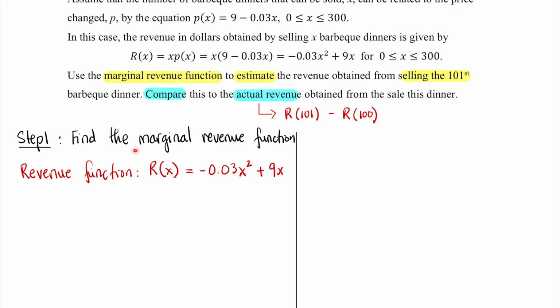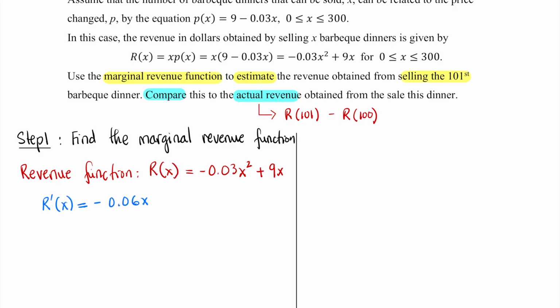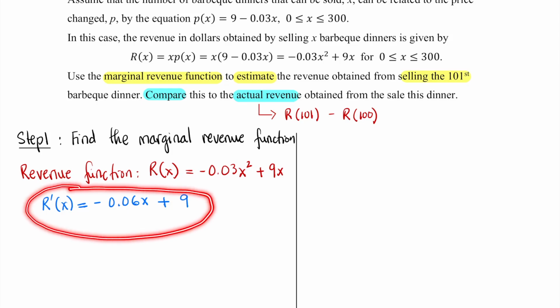To find the marginal revenue function, we take the derivative of R of x. Now differentiate term by term. The derivative of negative 0.03x squared is negative 0.06x, plus the derivative of 9x, which is 9. So the marginal revenue function is negative 0.06x plus 9.